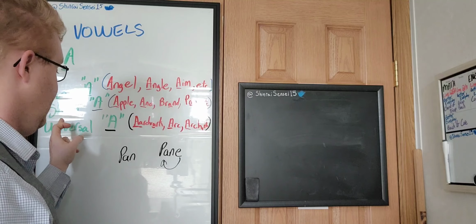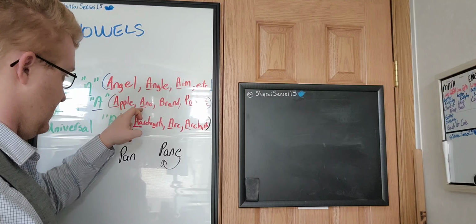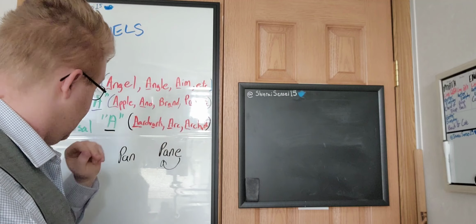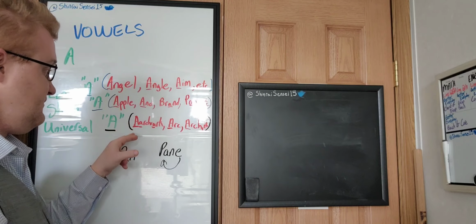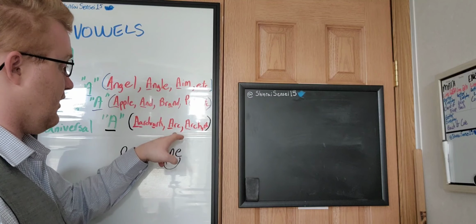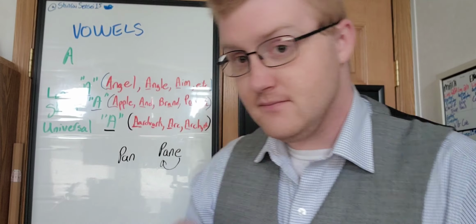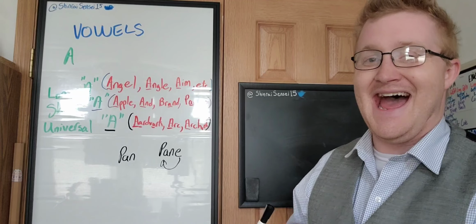You have short A, such as apple, and, brand, pan. And you have universal: aardvark, arc, arch, right? More of an ah sound.